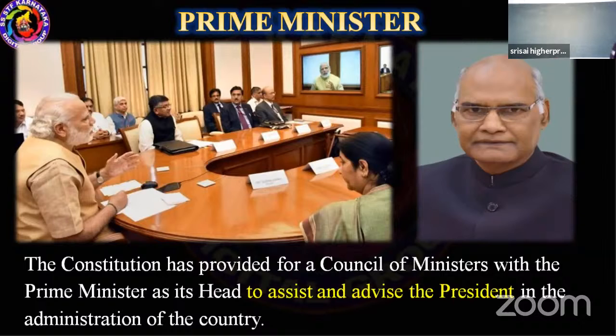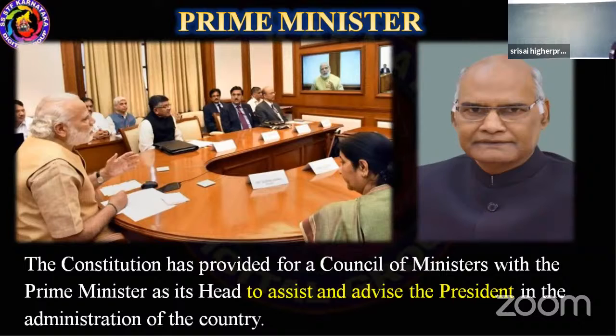According to the constitution, it is granted to have a council of ministers for the country, and the council of ministers and the prime minister are part of the executive body, who will be elected by the common people.